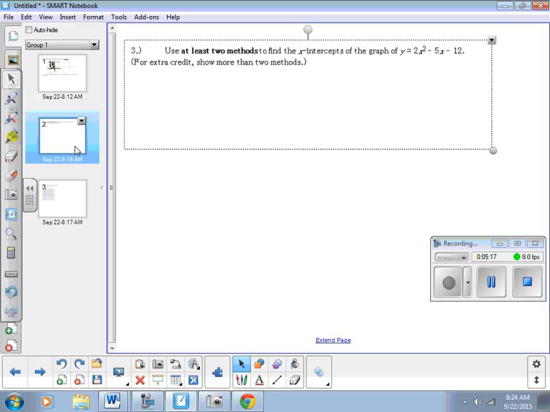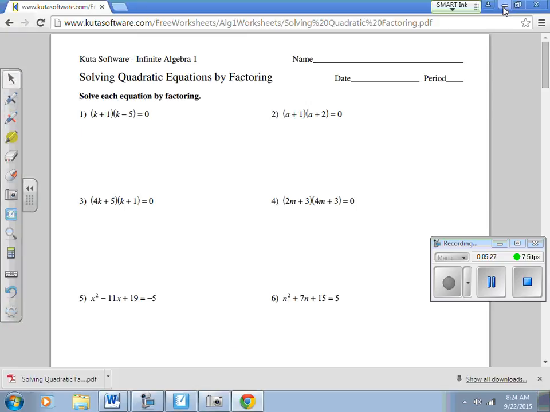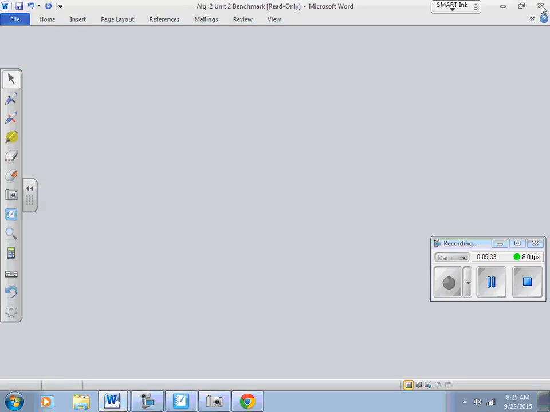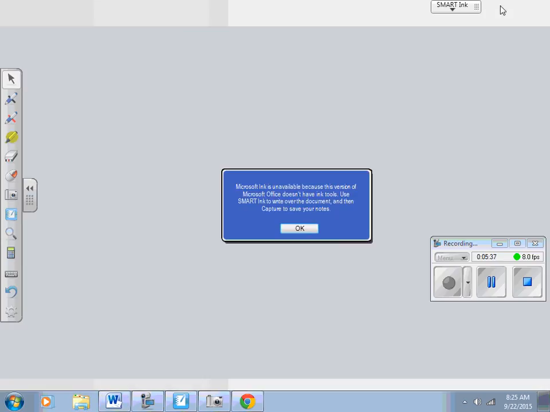Use at least 2 methods to find the x-intercepts of the graphs of y equals 2x squared minus 5x minus 12. There's a couple different things you guys can do. Everybody have your graphing calculators?